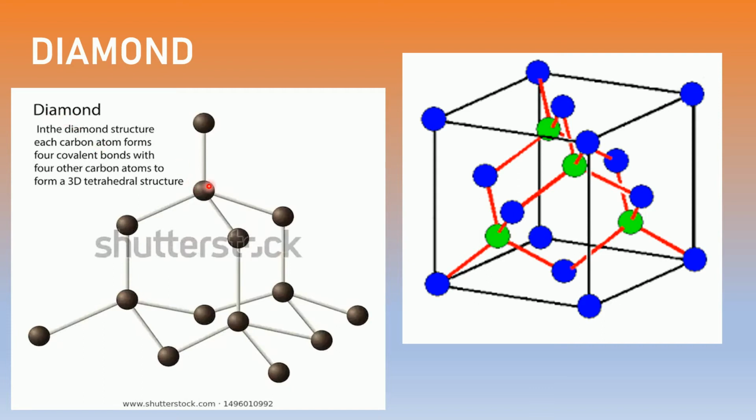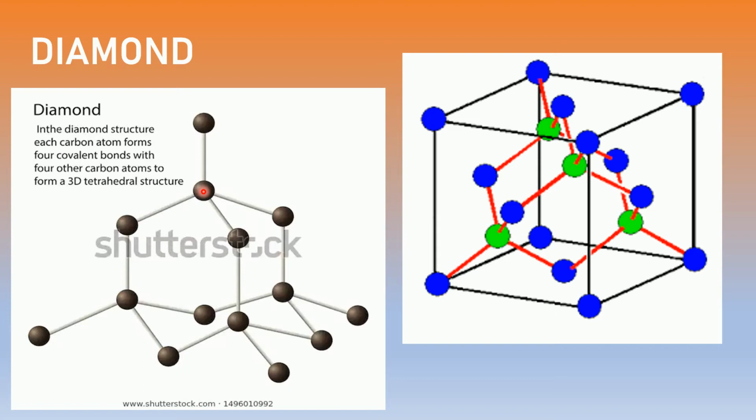Now how is this diamond structured? If you observe, one carbon is linked to 4 other carbons. As I told you earlier, carbon will never transfer electrons but rather share. And how many electrons does a carbon have? 4. So that's why carbon is what? Tetravalent.